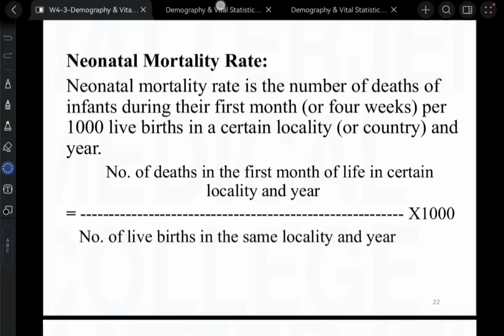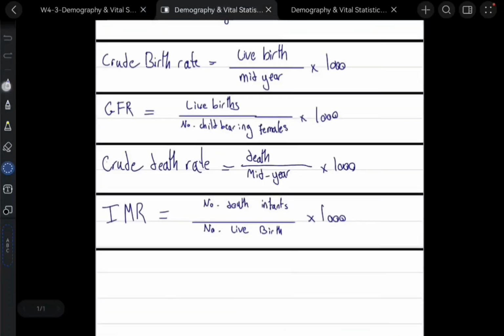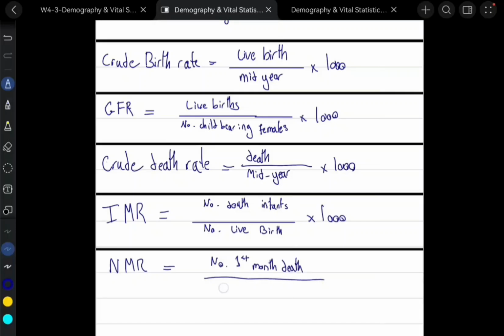So again, NMR, the neonatal mortality rate, is the number of first-month deaths over the number of live births times 1,000.